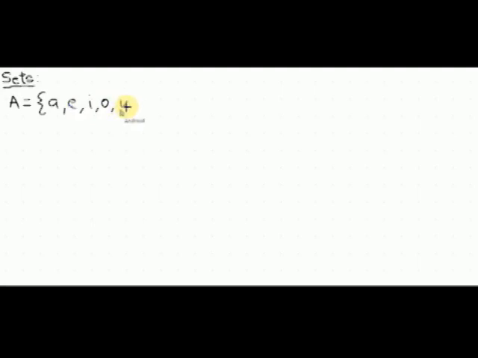So I will write A, E, I, O, and U. These are the vowels which I know, and these are a part of this set A.